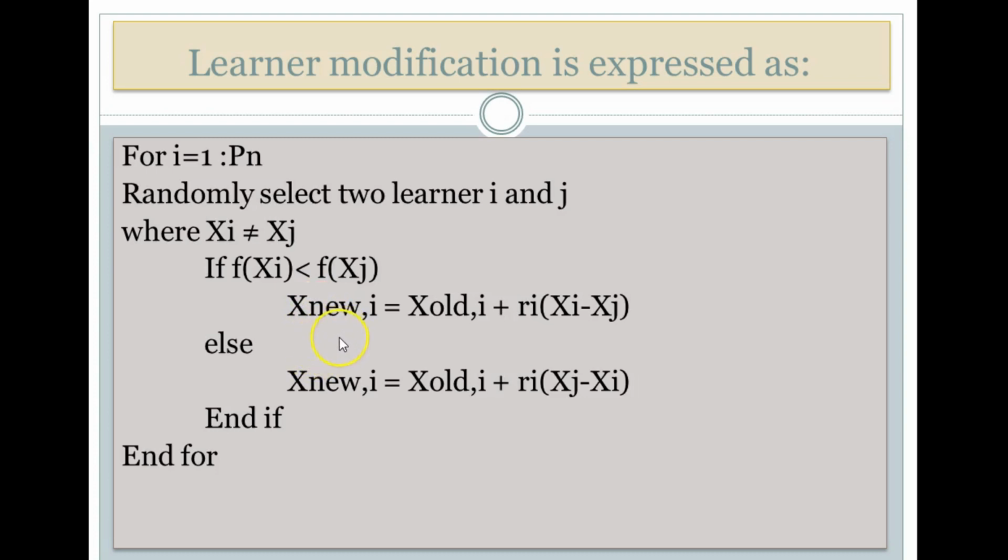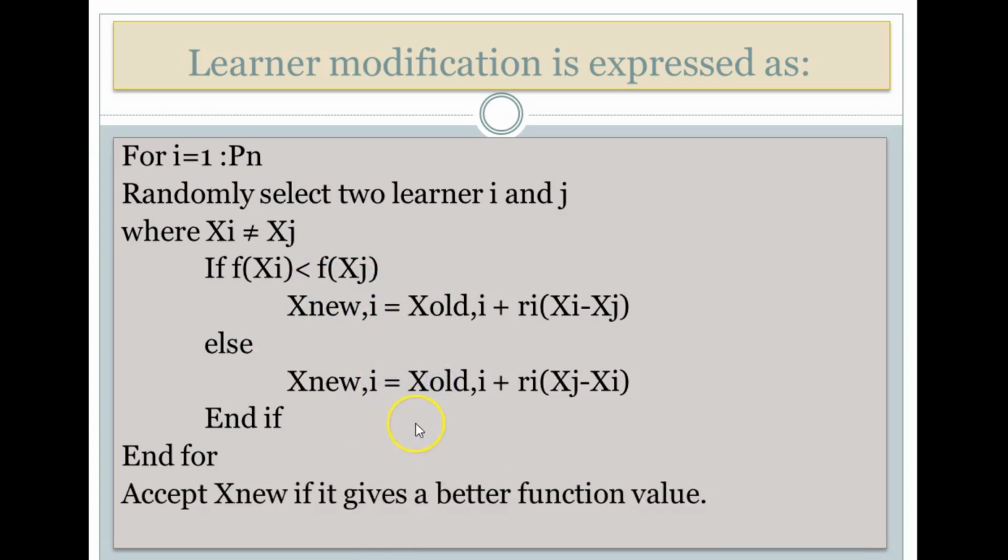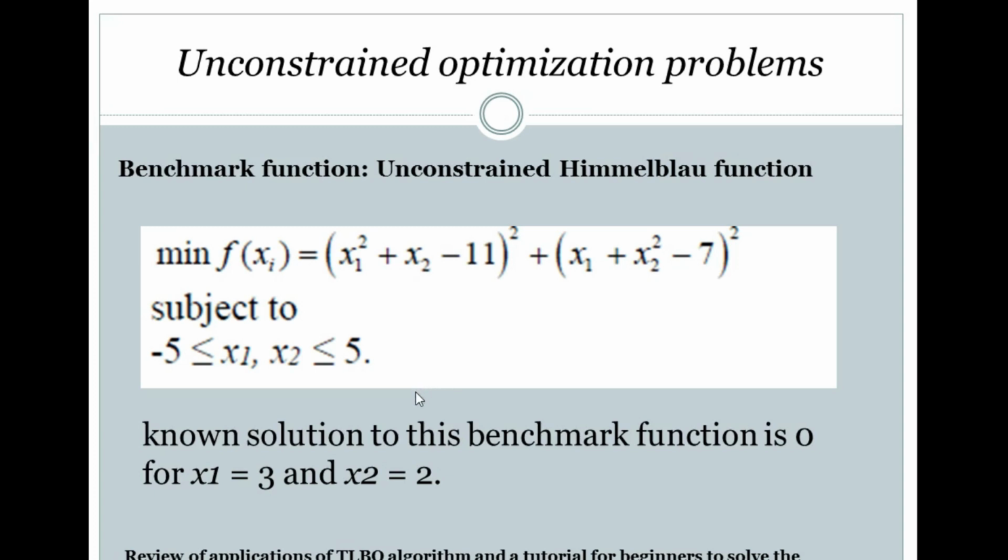If the problem is of maximization, then f(xi) should be more than f(xj), and the formula remains the same. So let us move towards the example. Keep a note again, we keep on updating the values, but the updated value will be taken into consideration if it improves the overall objective function value.